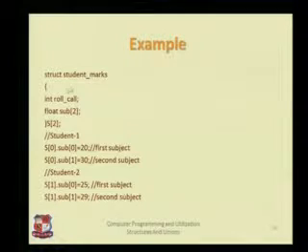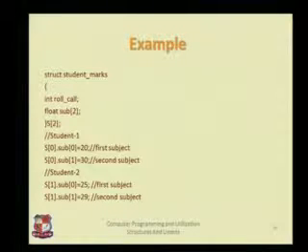Struct student mark, because suppose there is one student who has 3 subjects' marks. So what we are doing is, there is one student who has a roll number and who has 2 subjects' marks, so we write subject of 2. Subject 0 would be the first subject and subject 1 would be the second subject, and two such students are there, that's why we write s of 2. So s[0].subject[0] means student 1's first subject marks.